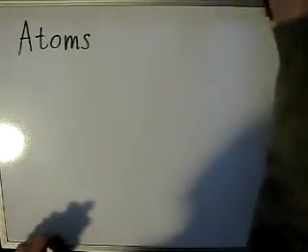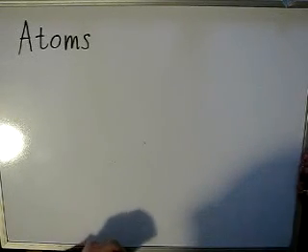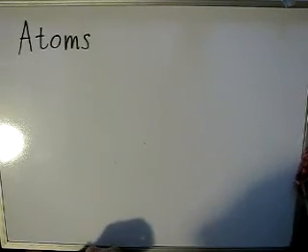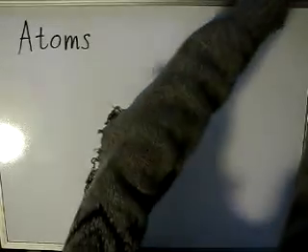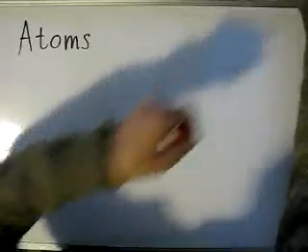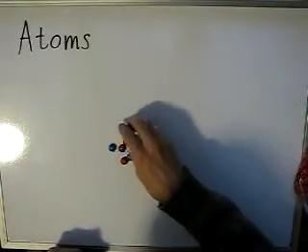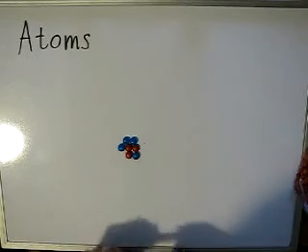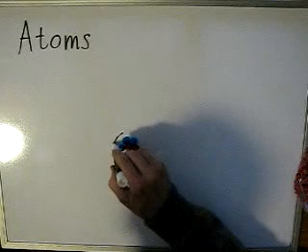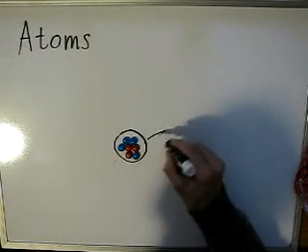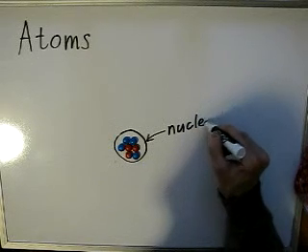If we zoom in far enough into the nucleus, we find that it itself is composed of a bunch of different kinds of particles. So I'm going to represent them with M&Ms. Here's a nucleus of an atom.